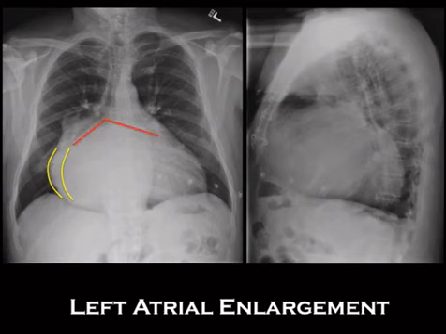The other thing is splaying of the carina. That's a classic left atrial enlargement thing. And then lastly, and this is the one that they'll show on the lateral view, which is the heart goes too far back. It should not go that far back. It should stop before the spinous process, so that's way too far back. And also, if you look close, you can see that there's been a mitral annular repair.